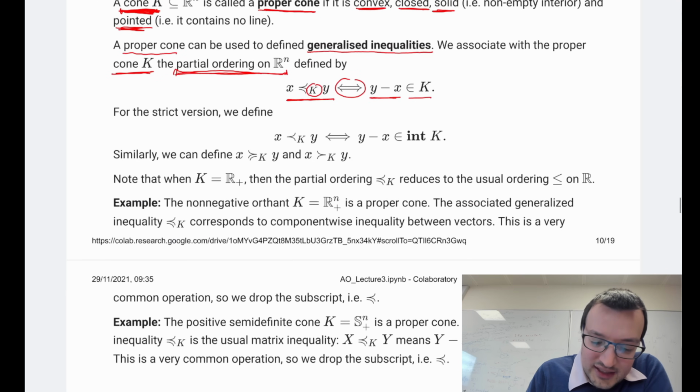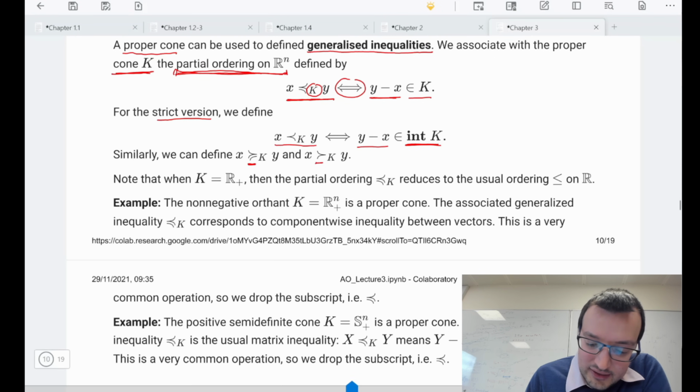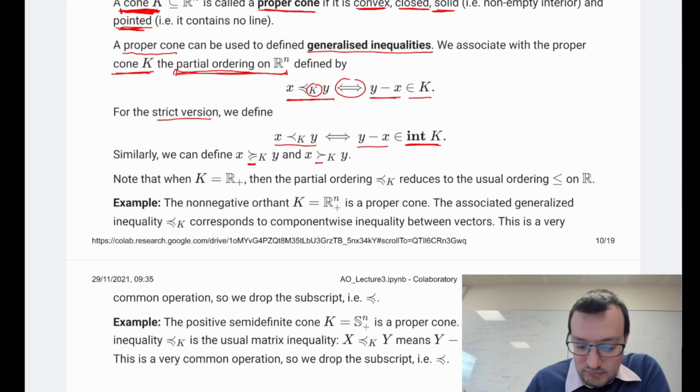And we can also define a strict version of it: x is less than y with respect to the cone K, if and only if y minus x belongs to the interior of K. In a similar way, we can define greater equal and strictly greater with respect to the cone K.